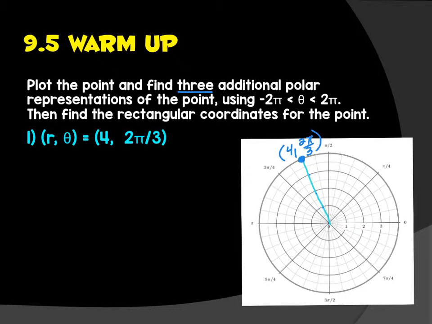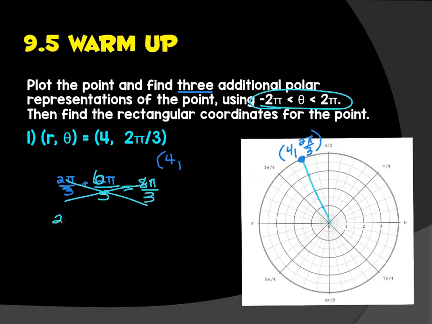So remember, there's 2 ways to do this. The first way is to keep the r as it is and add and subtract 2 pi. So if I were to leave r as positive 4, if I take 2 pi over 3 and add 2 pi, or 6 pi over 3, I get 8 pi over 3, which does not fall in the range of negative 2 pi to positive 2 pi. So I can't use that one.